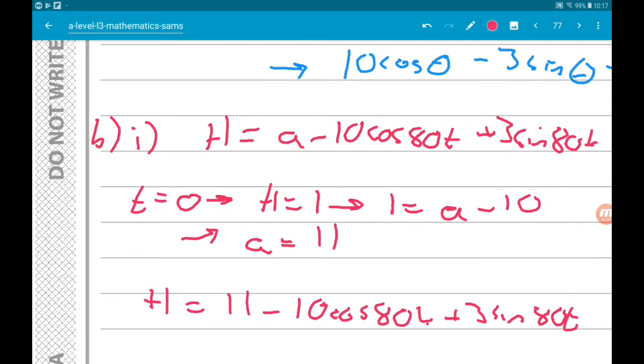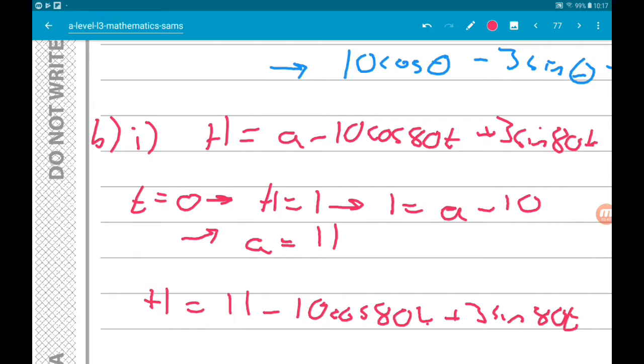Now then, that would be fine, you would get the marks. Those two trig terms though are the negative of what we were playing with in part A, where 80t is now theta.